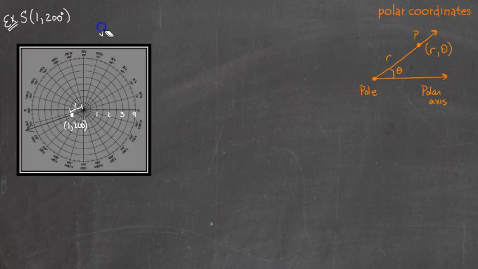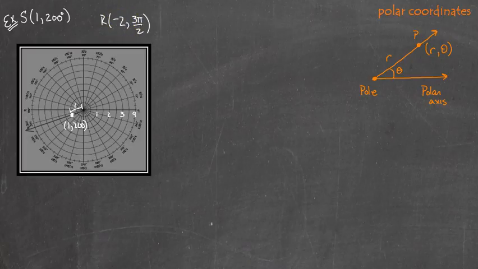All right, so let's do another example, and I want to use the same polar grid. This time I'm going to plot point R, and it has polar coordinates (-2, 3π/2). So this time we have our angle in radians, no big deal, and we have our measure is a negative value.